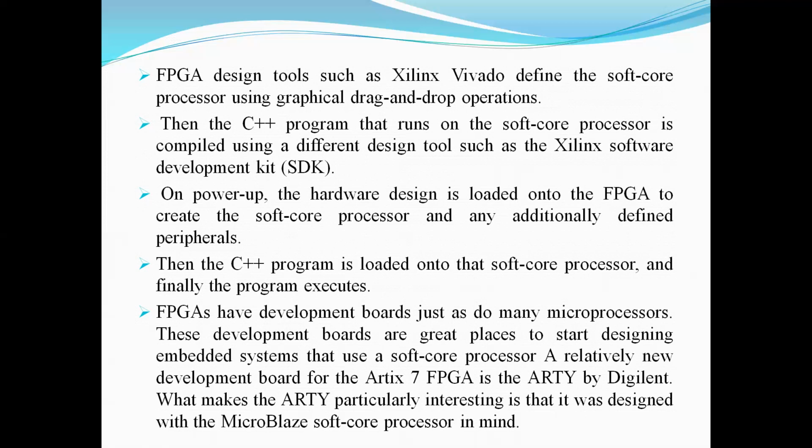Then the C++ program that runs on the soft processor is compiled using a different design tool such as the software development kit, that is SDK. On power up, the hardware design is loaded onto the FPGA to create the soft processor and any additional defined peripherals. Then the C++ program is loaded onto the soft processor and finally the program executes.